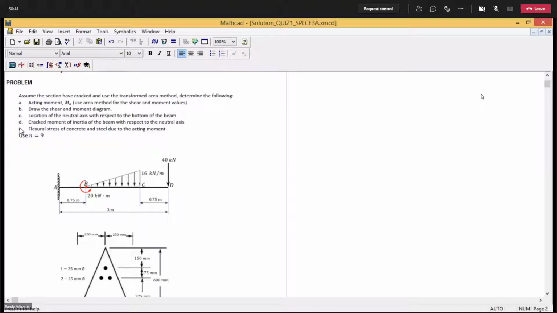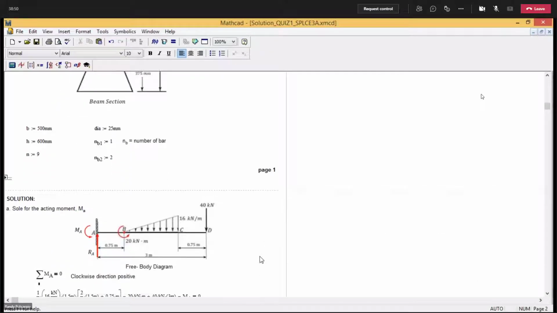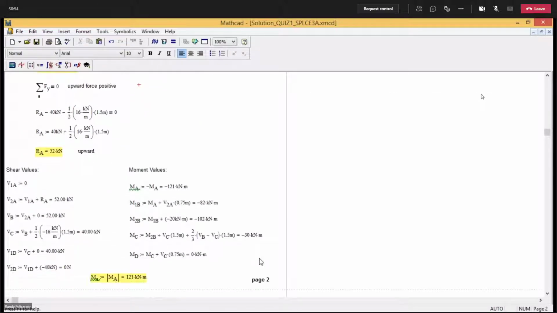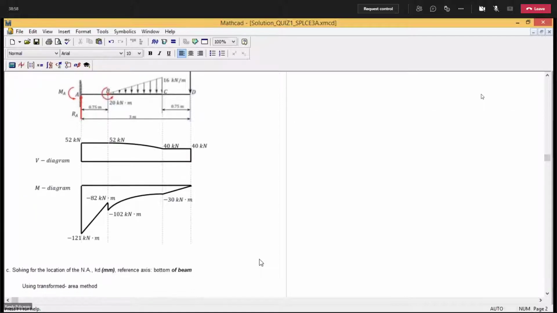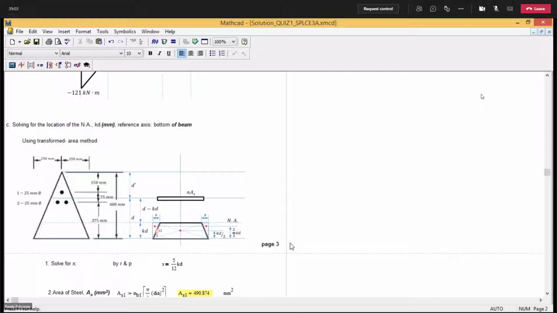Kaya itong tatlong to, no? Related to one another with respect to the location of the neutral axis. Okay. Let's move on now to the location of the neutral axis. So this is now the transformed area. Okay, so you have here an assumed location of your neutral axis.